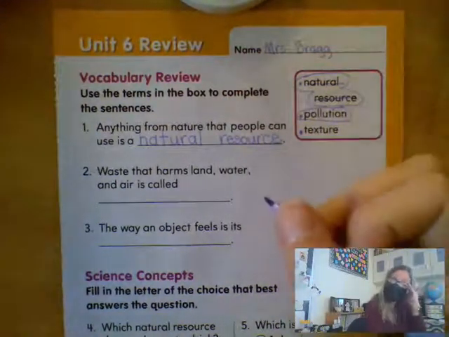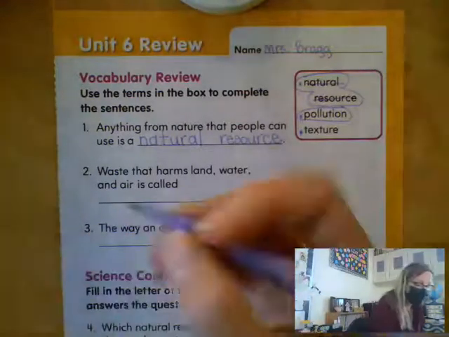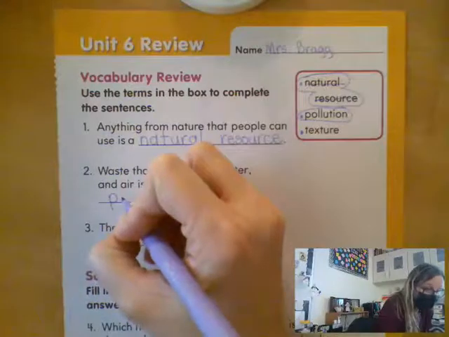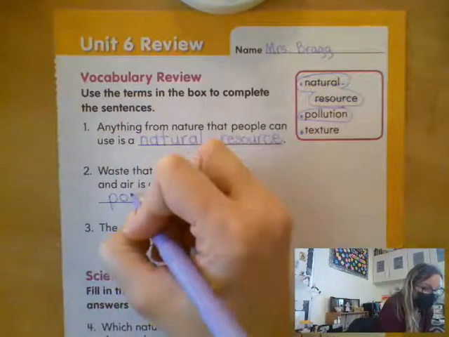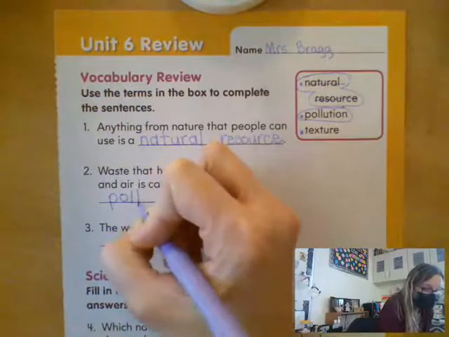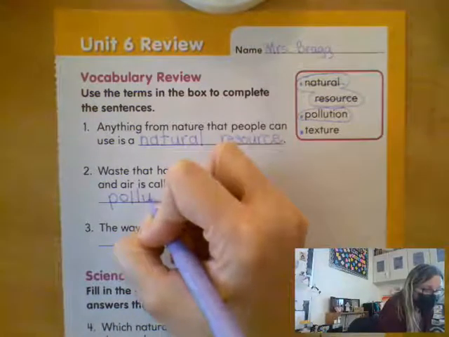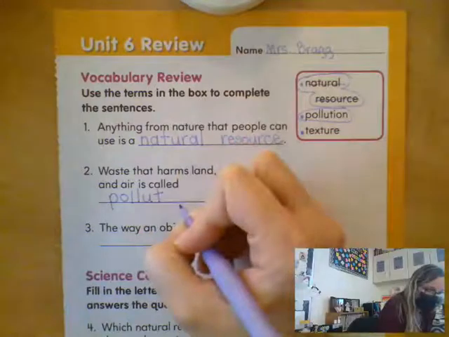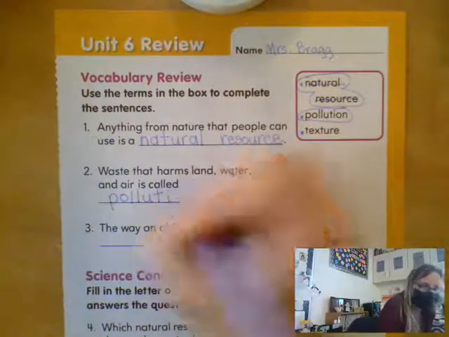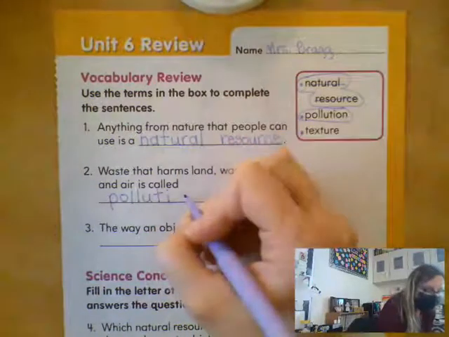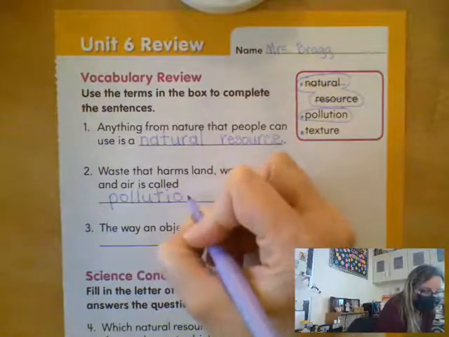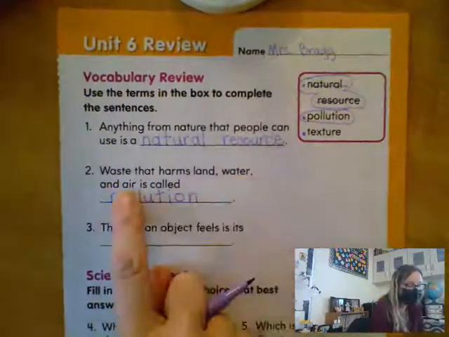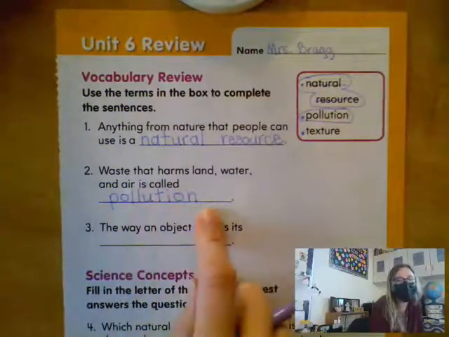And again, I'll spell it for you if you just want to write the letters I tell you. P-O-L-U-T-I-O-N. Waste that harms land, water, and air is called pollution.